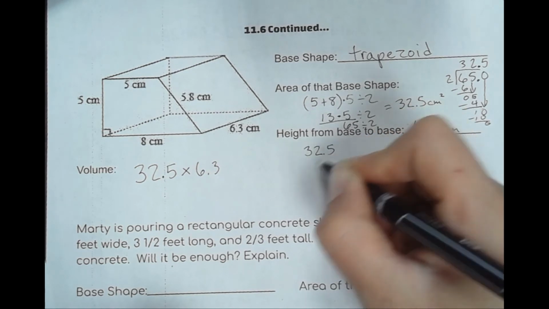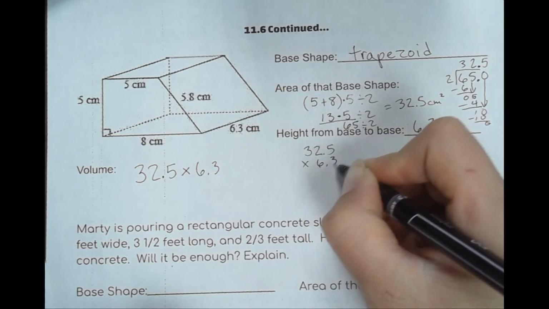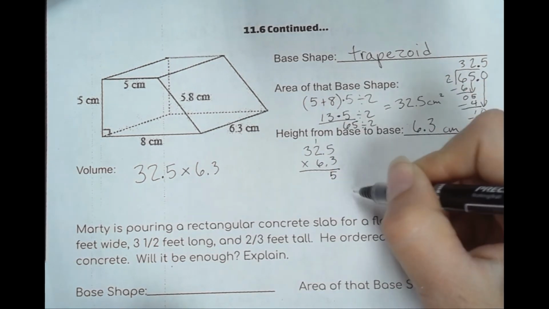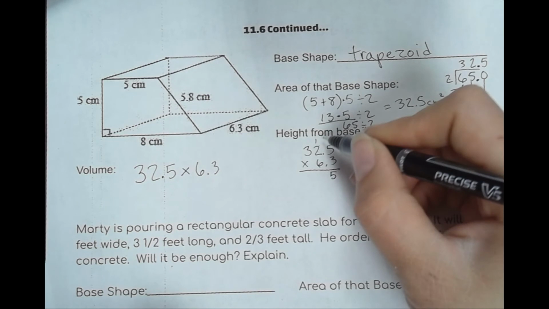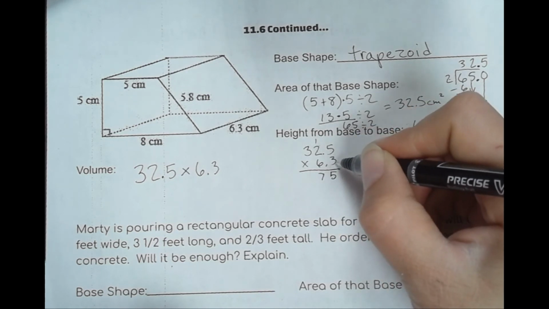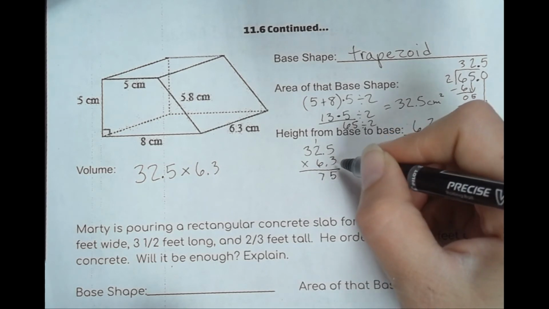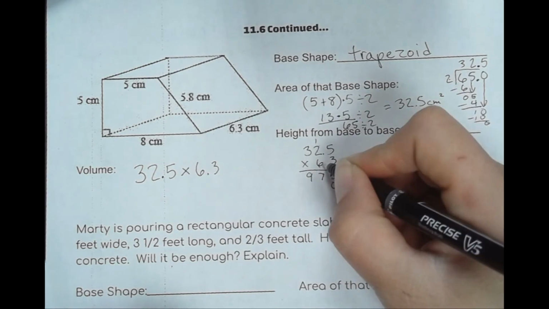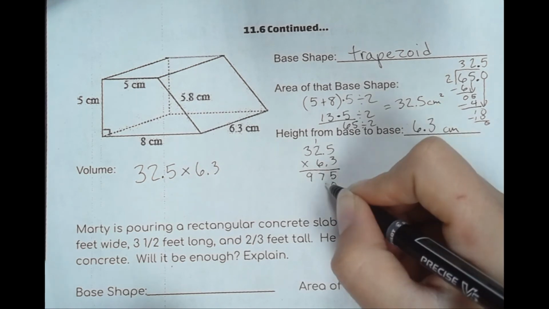32.5 times 6.3. 3 times 5 is 15. Regroup 1. 3 times 2 is 6, plus 1 more is 7. 3 times 2, not 3 times 3 is 9. 0 placeholder. 6 times 5 is 30.